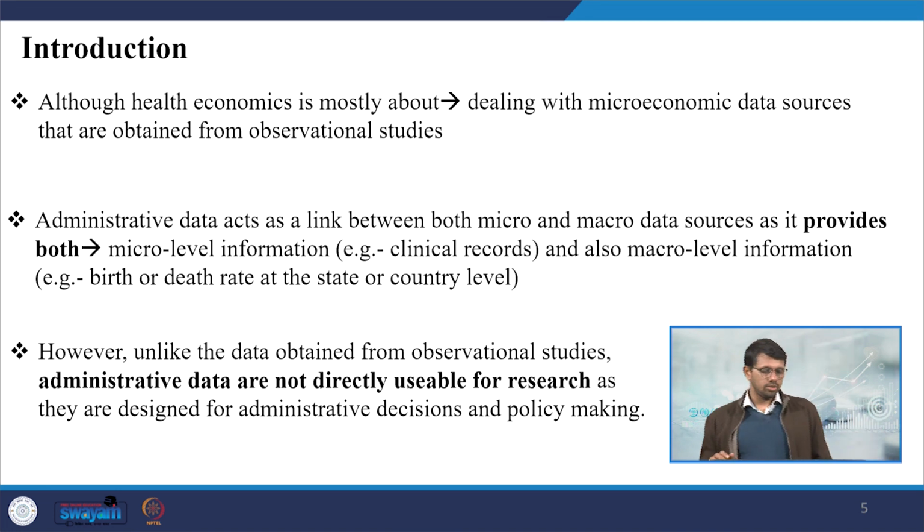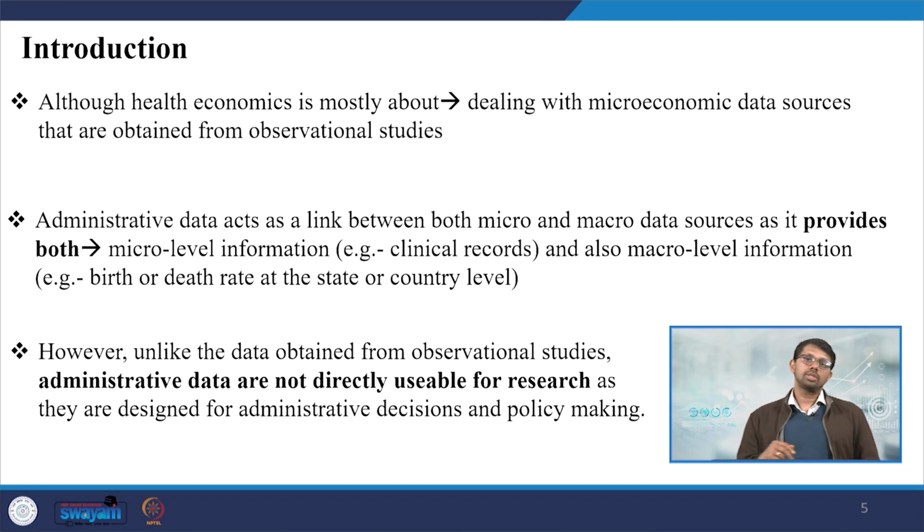Coming to the understanding of administrative data, although health economics is mostly about dealing with microeconomic data sources that are obtained from observational studies, administrative data acts as a link between both micro and macro data sources, as this provides both micro level information, for example clinical records, and also macro level information, for example birth or death rate at the state or country level.